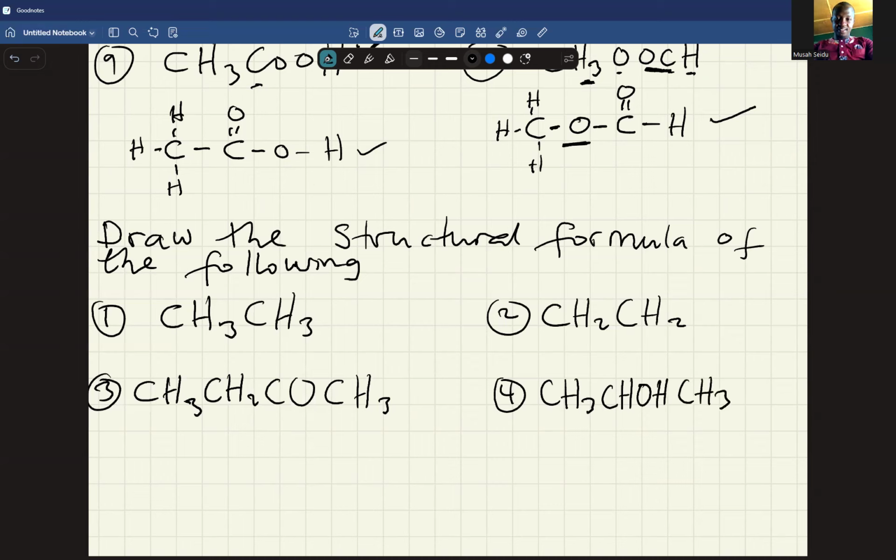Okay, so this C has this and has also a hydroxide bonded to it.